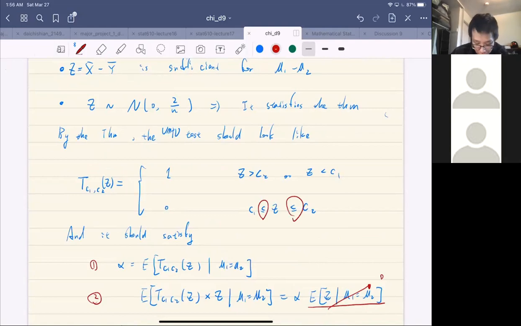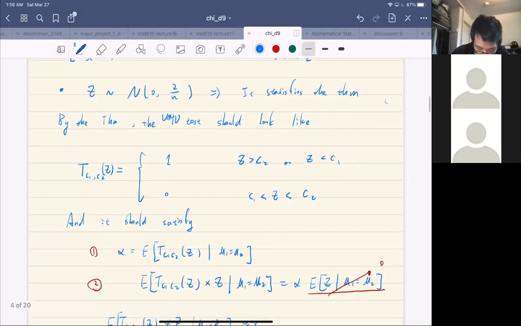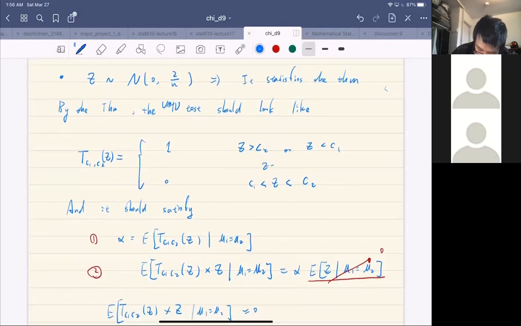If Z equals C1 or C2, the probability is 0. Usually we would have to figure out what to do if z equals c1 or z equals c2, but in this case the probability is 0, so we can get rid of this case.